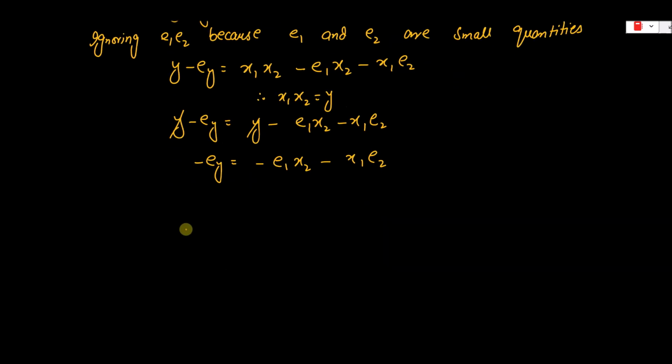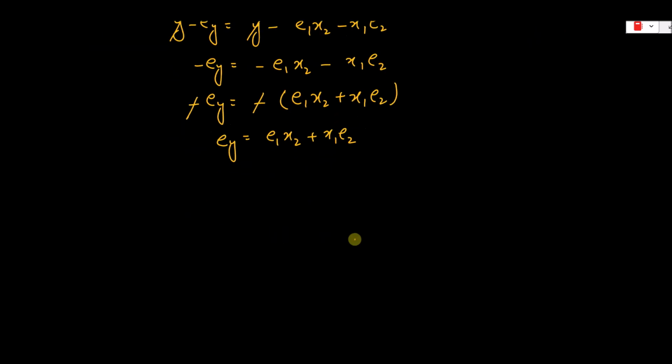Now from this part we take the negative sign as common, so it becomes positive inside, and you will get ey equals e1 x2 plus x1 e2.